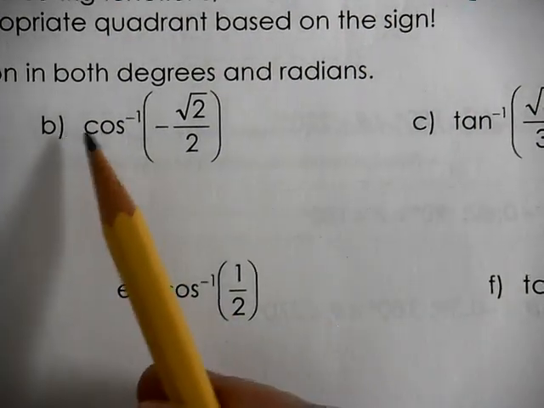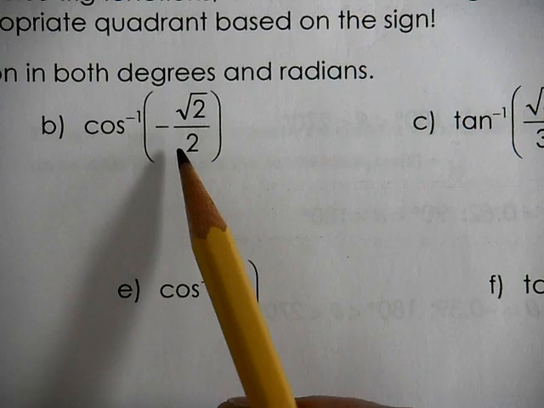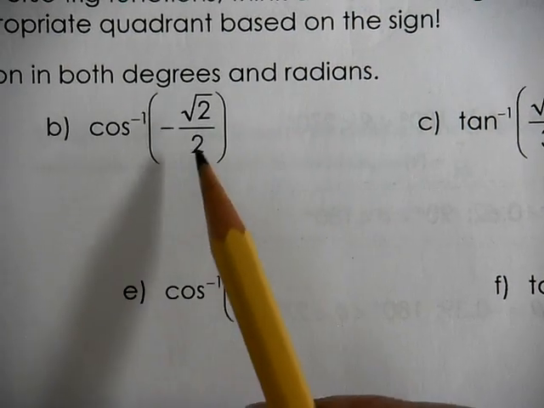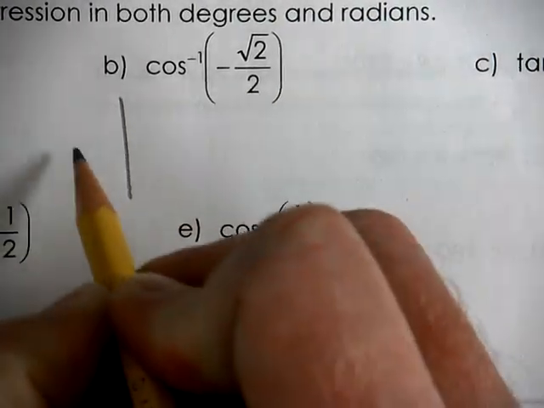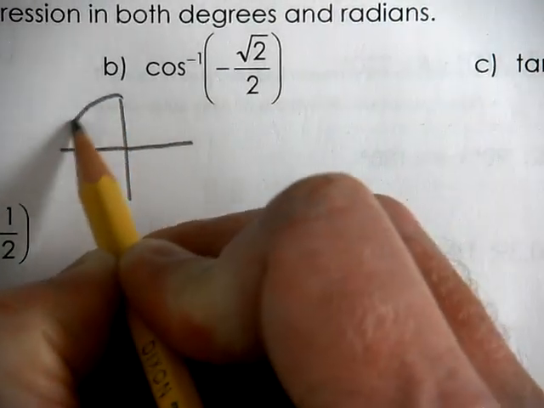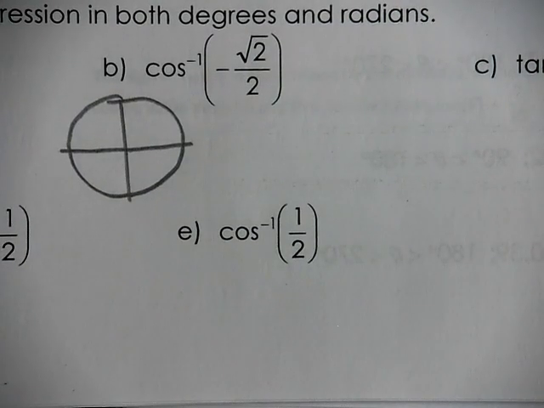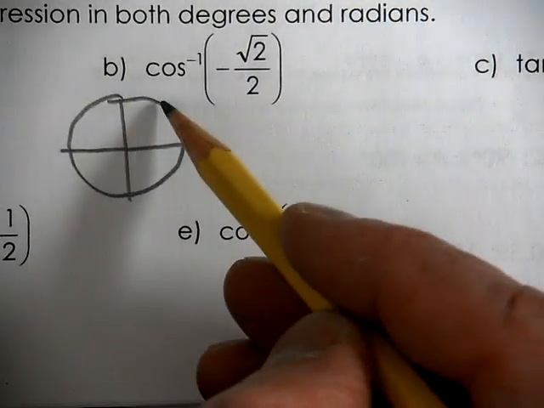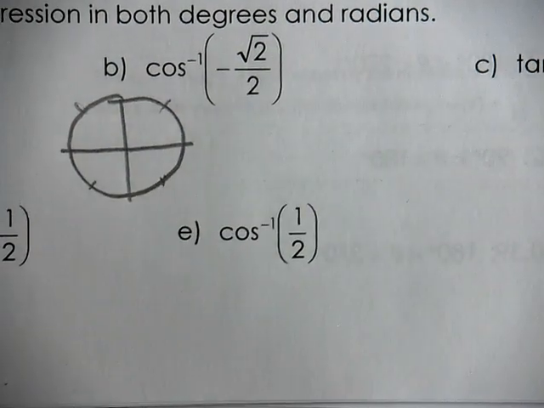Where is the x value? Where is cosine negative root 2 over 2? Well, I would hope that you know that root 2 over 2 means 45 degrees. So what you're visualizing at the moment is your unit circle. Root 2 over 2 means that you're going to be at one of these 45 degree markers.